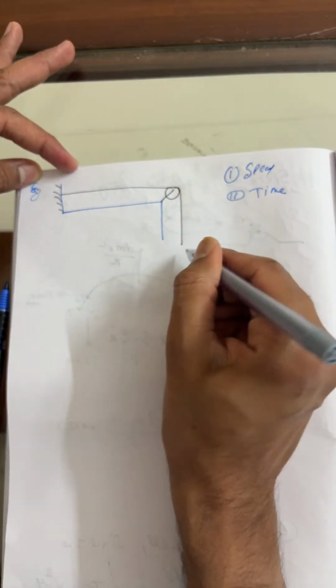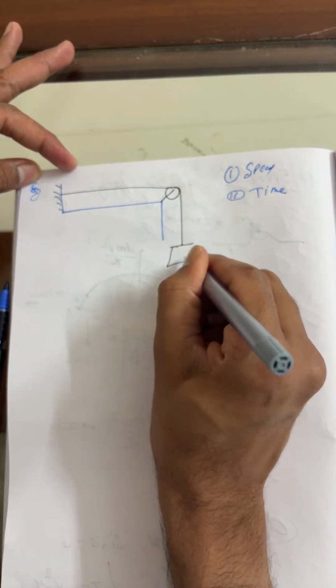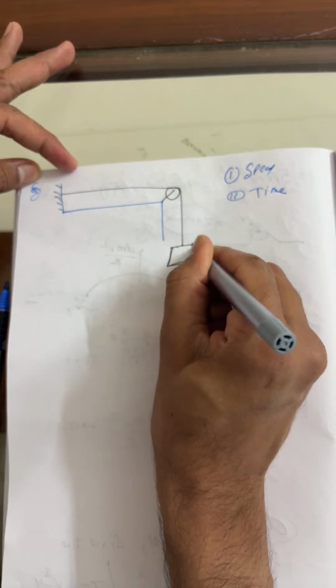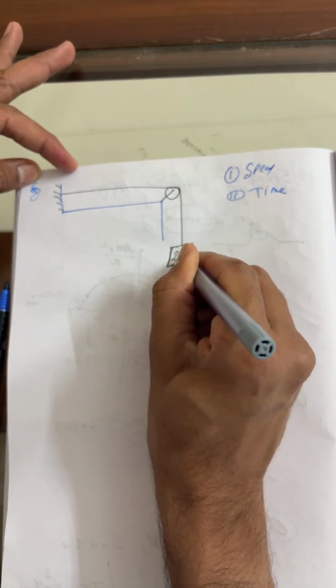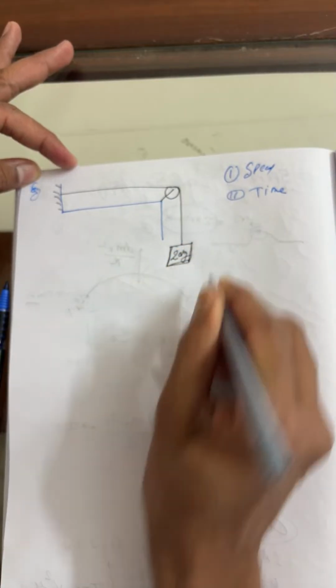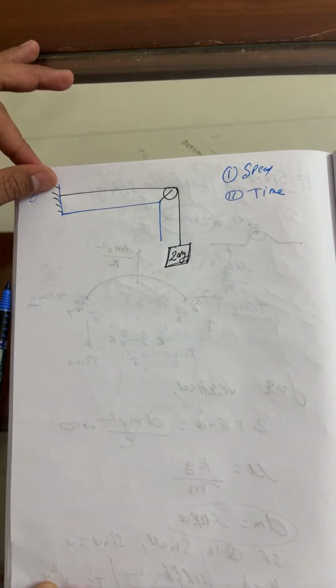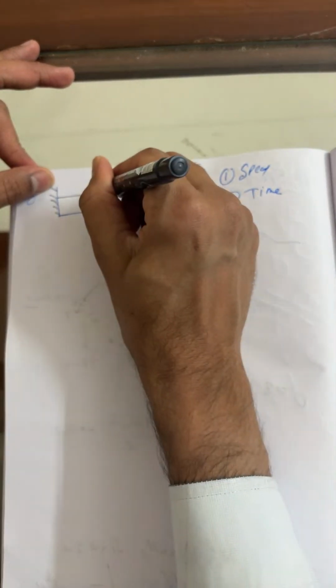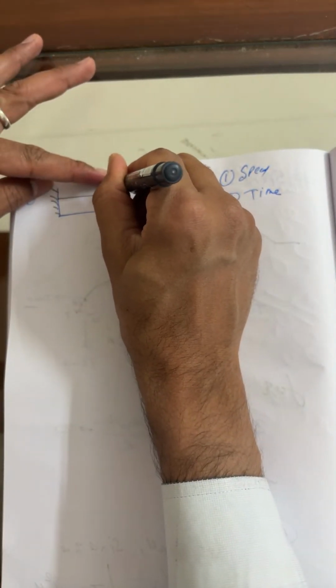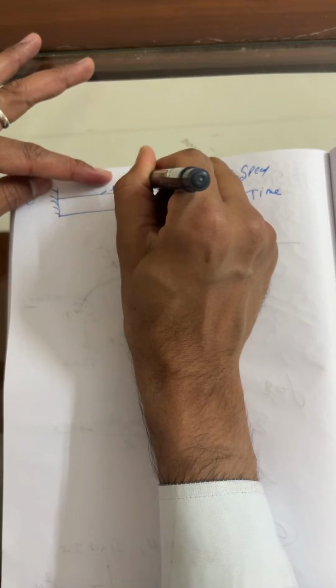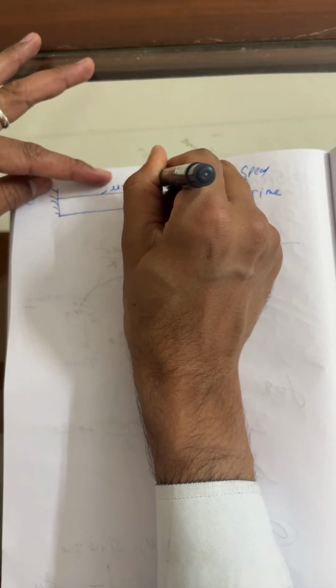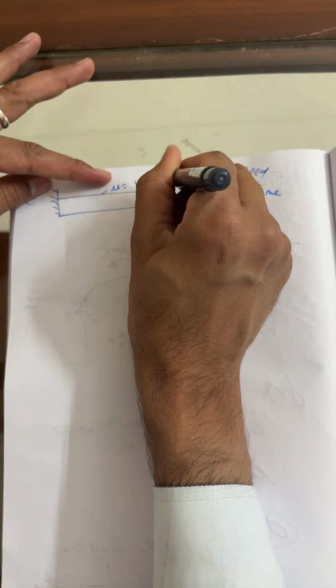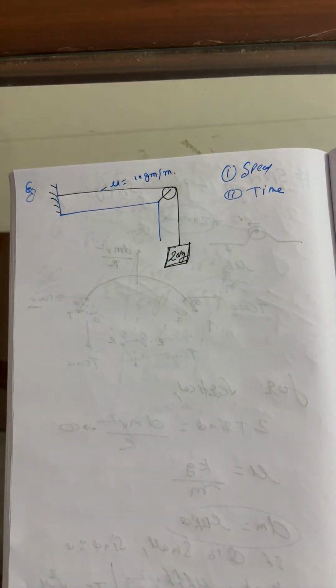The mass of the block you can take as 20 kilogram. The mass of the string, you can take the string's mu as 3 gram per meter.